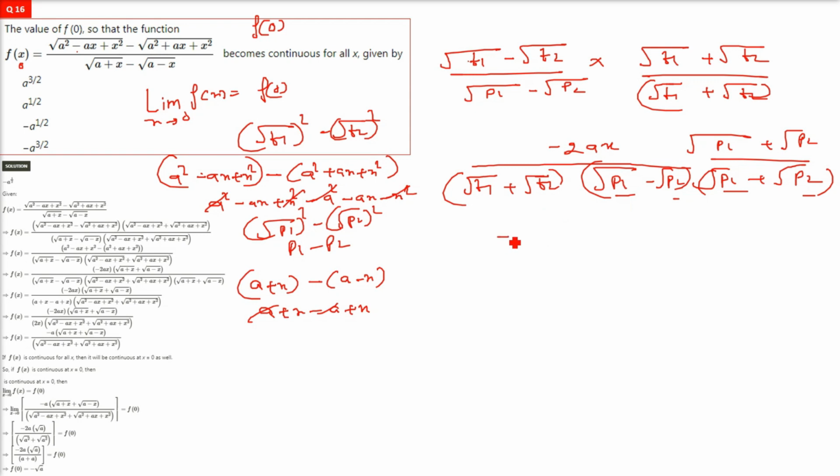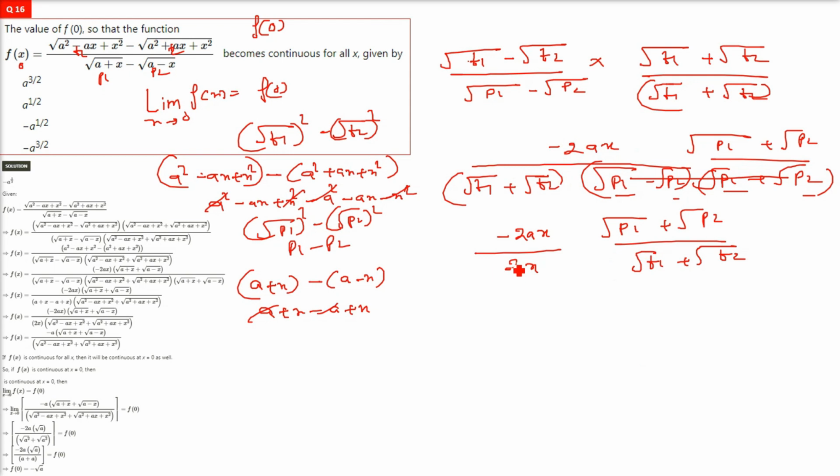So you get minus 2ax divided by 2x, and this you have got from the rationalization. But the plus sign still remains: root p1 plus root p2, and in the denominator, root t1 plus root t2. This is t1, t2, just to make sure that this is p1 plus p2, p1 and p2.